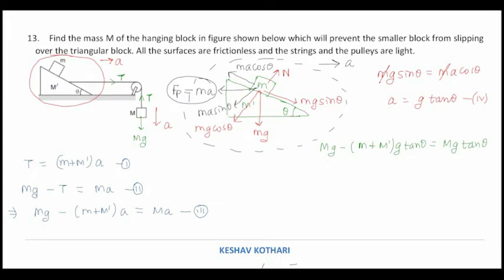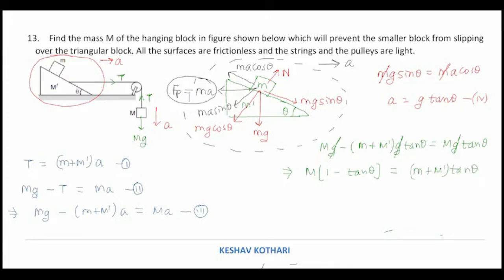From here we can knock out g, and then we are looking for the calculation of capital M. So we can write it as capital M taken common, 1 minus tan theta is equal to (small m plus m dash) tan theta.